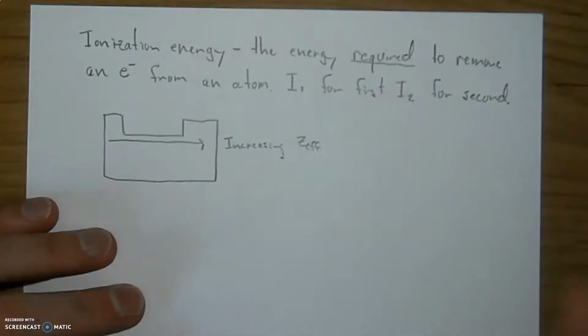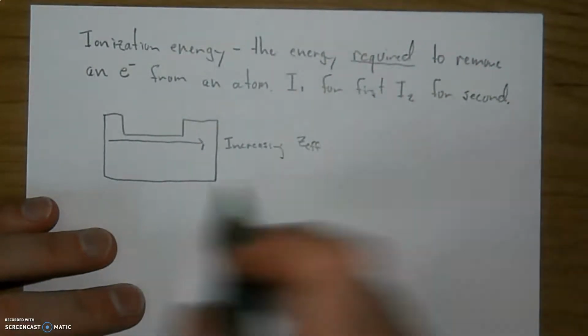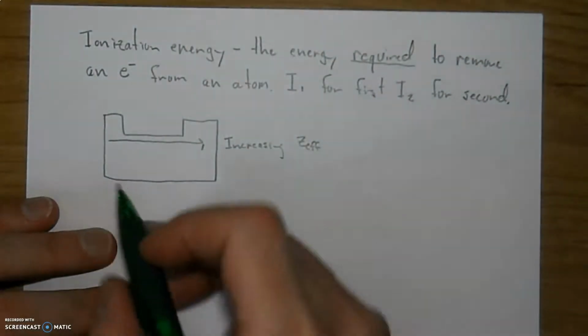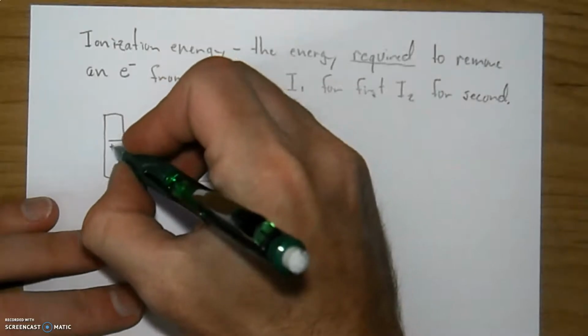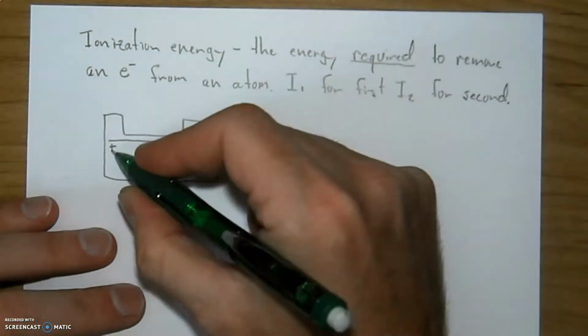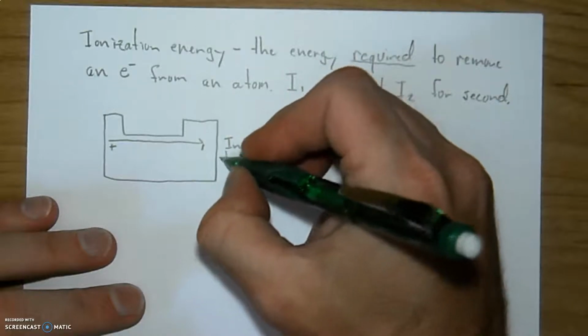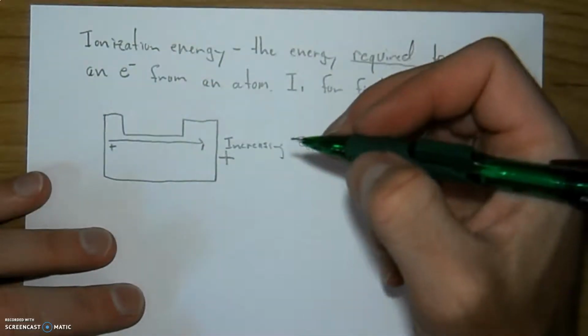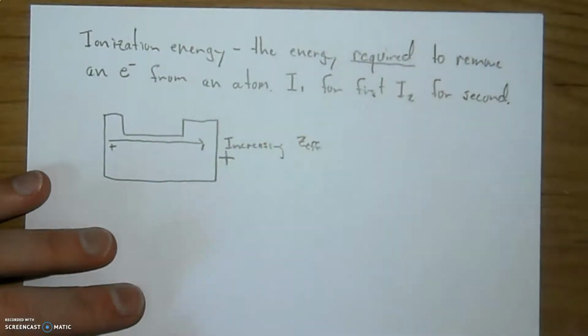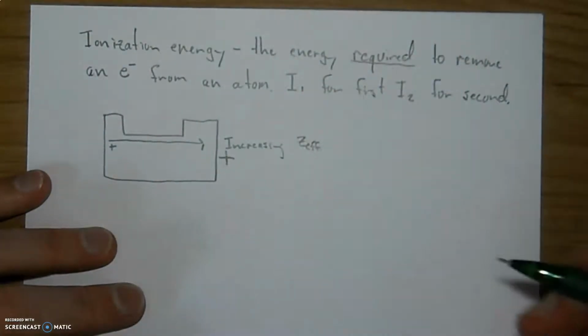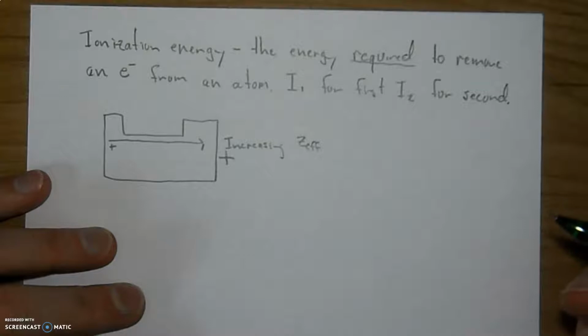It's just like a knee-jerk reaction. Going from left to right, it is Zeff. In other words, as that magnet strength in the nucleus is increasing going across, the energy required to remove a negative electron from this magnet is going to be more difficult. It's going to require more energy to take it away.